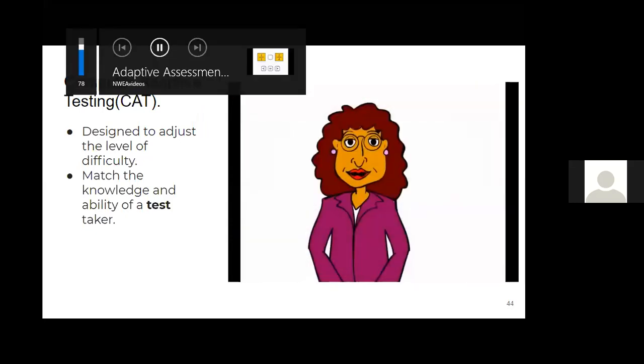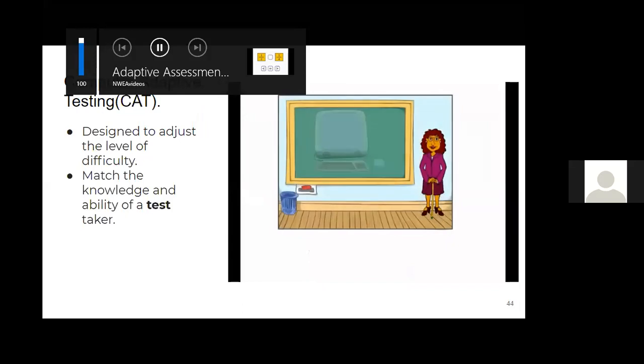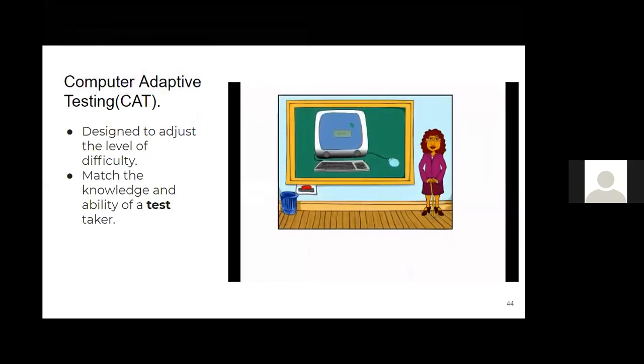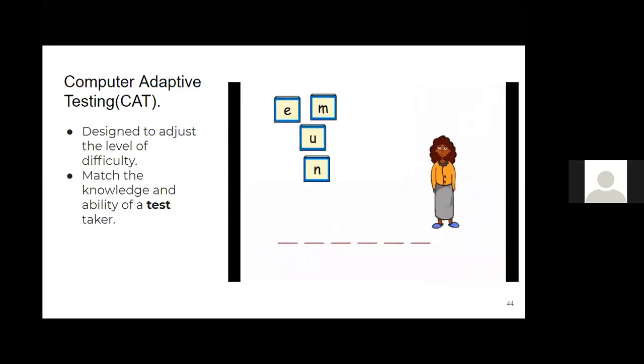Ready to have some fun? We are going to ask you some questions. To answer the question, move the mouse over your answer choice and click on it, just like this. Are you ready? Let's go! Click on the letters that spell the word mother.